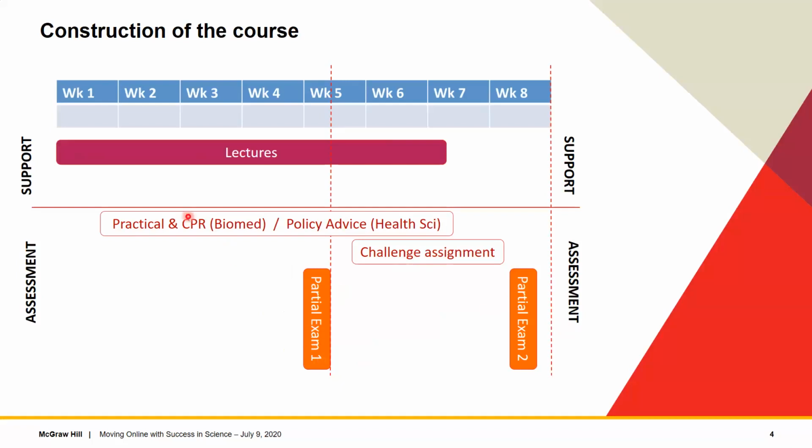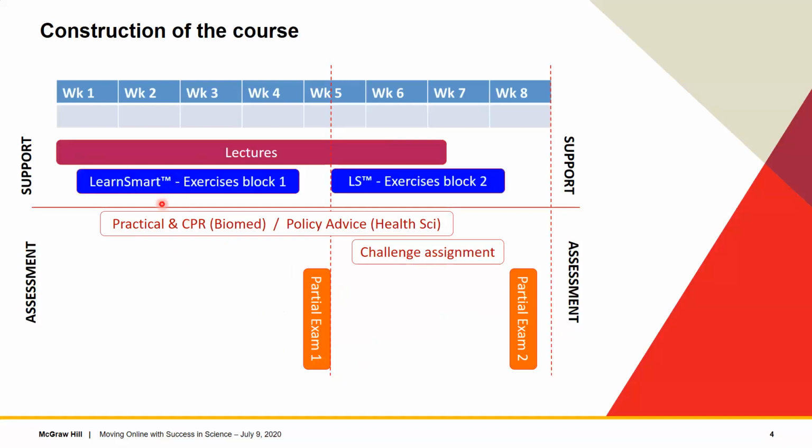In this course, students are supported by LearnSmart exercises, which are pre-built, but you can adapt them as you like. You can focus on the topics that you want your students to learn.